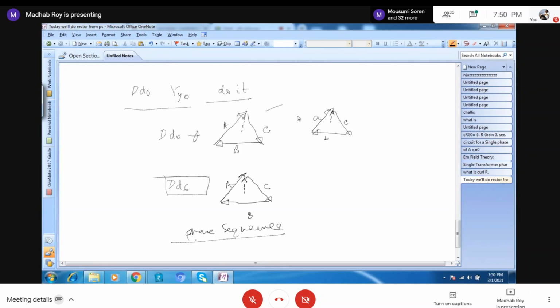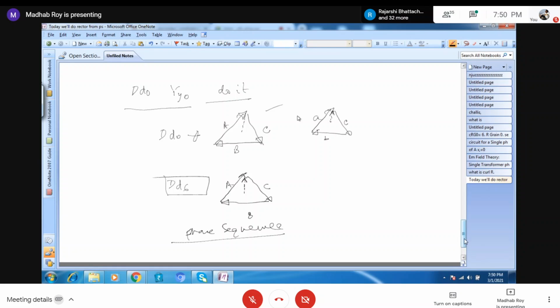What is the phase sequence of this delta? There is a 180 degree line voltage, you can see in line voltage, ABC. Or ACB. Okay, you can draw it separately.